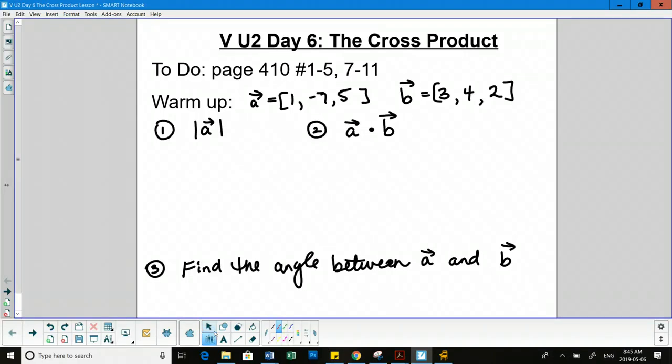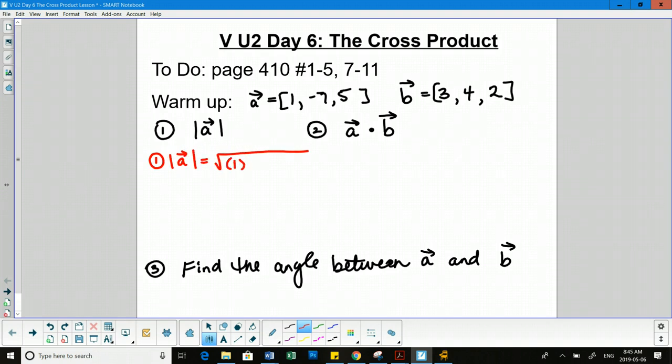Can somebody tell me how they calculated the magnitude of A, vector A? Awesome. So we square each component and then we take the square root.